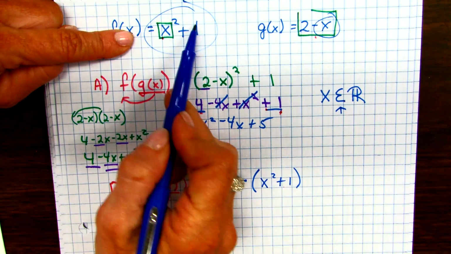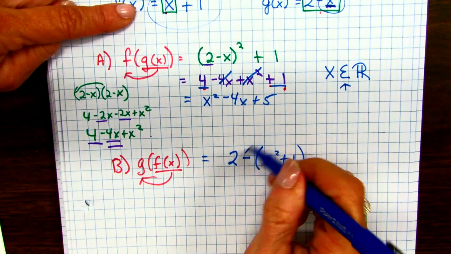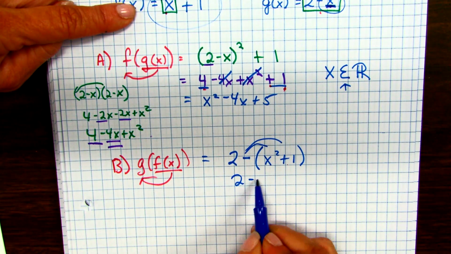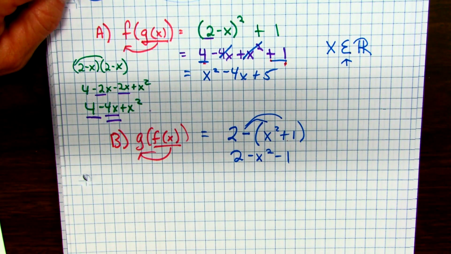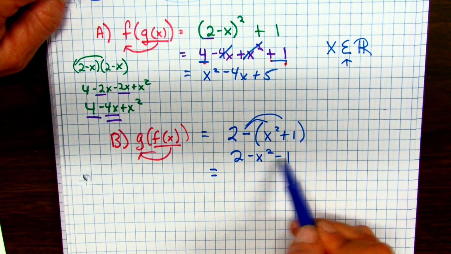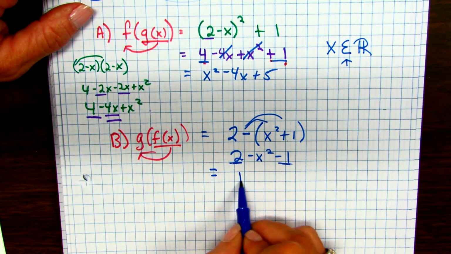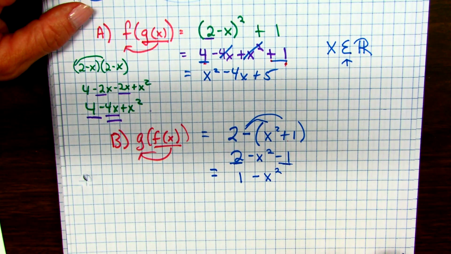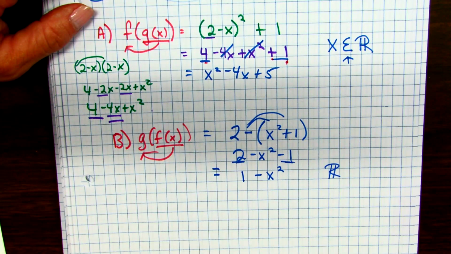I just put this right here. Distribute. And so here we have, order doesn't matter, 2 minus 1 is 1 minus x squared, all real numbers, right? No fraction, no radical, no problem.